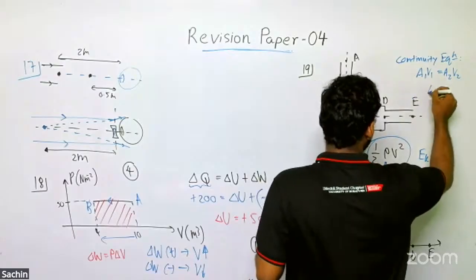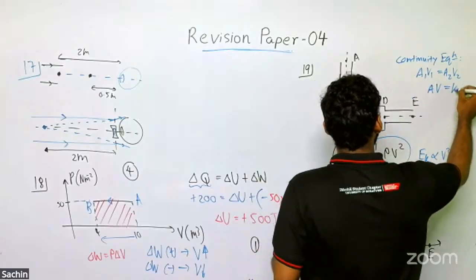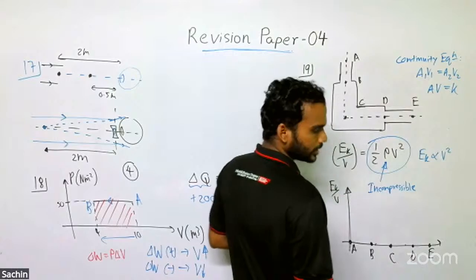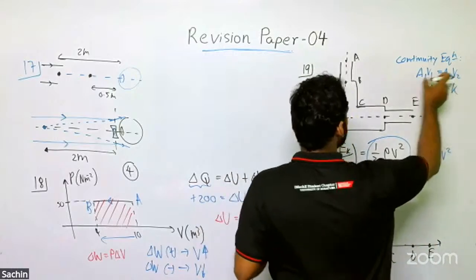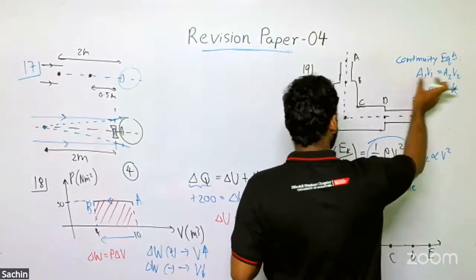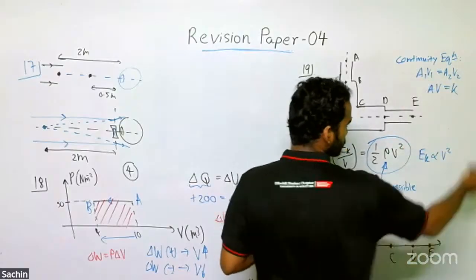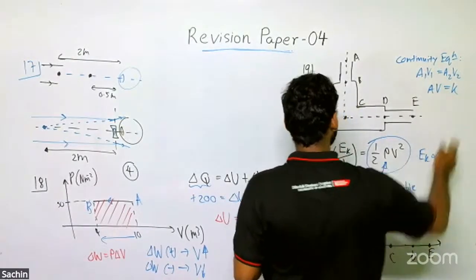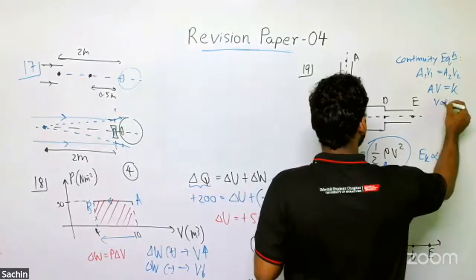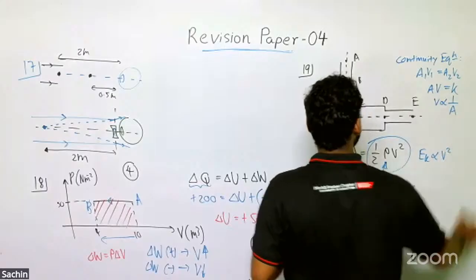So this means the product of cross section and the velocity stays constant. A1 V1 is equal to A2 V2 means at two points this product is equal. So cross section times the velocity for any point should be constant. That means the velocity should be inversely proportional to the area.